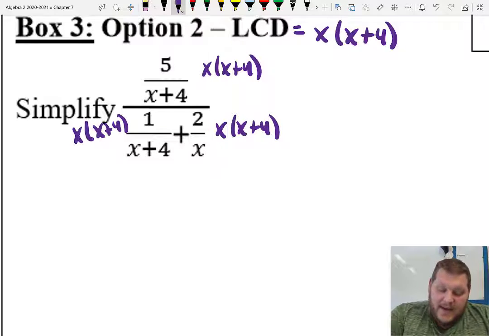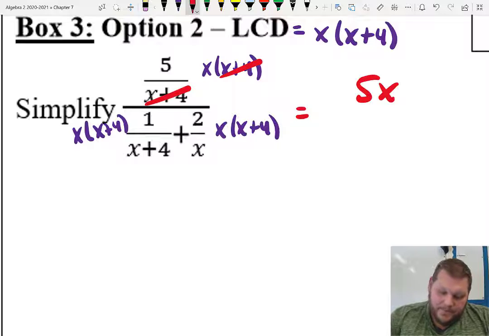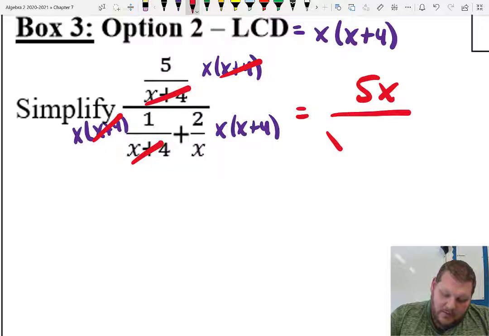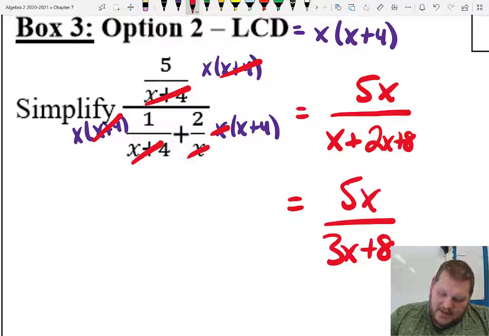And the reason I'm doing that is because now my x plus 4's cancel out, leaving me with 5x up top. My x plus 4's cancel out, leaving me with just x for this first term. Here my x's cancel out, leaving me with 2 times x plus 4, which would be 2x plus 8. And then I collect my like terms, 5x over 3x plus 8.